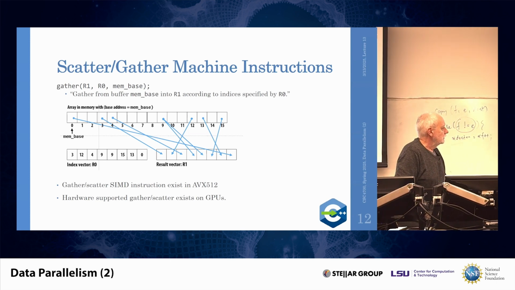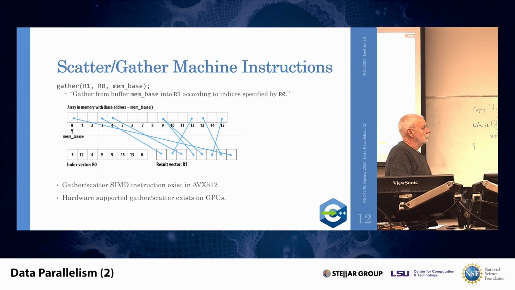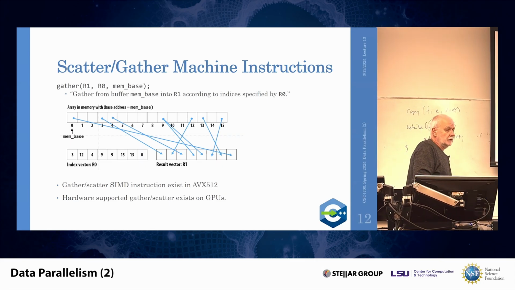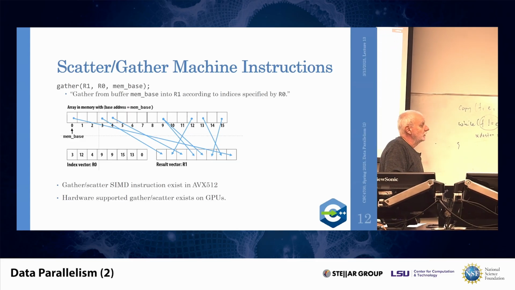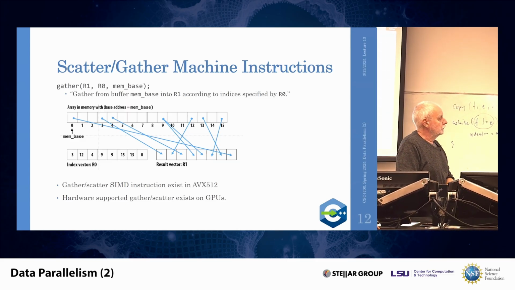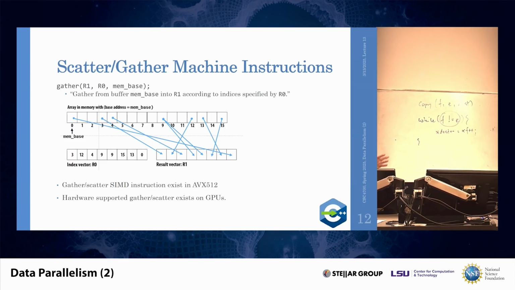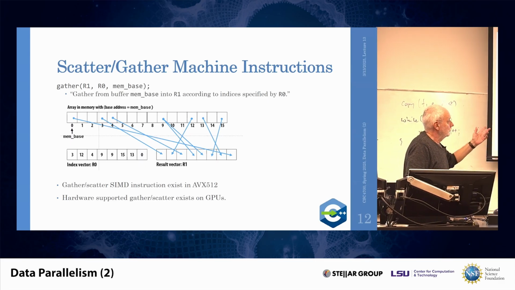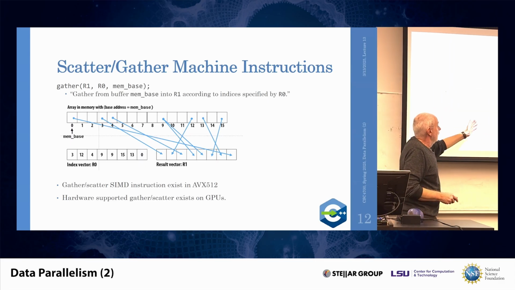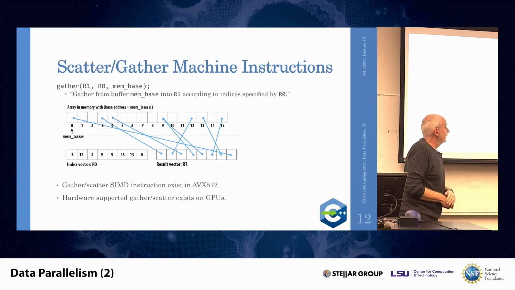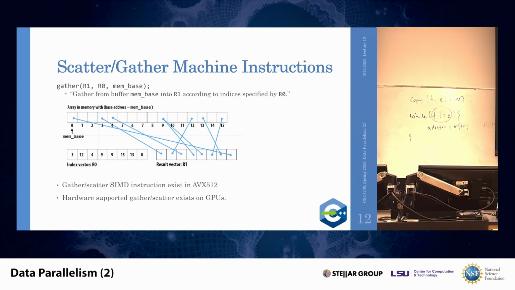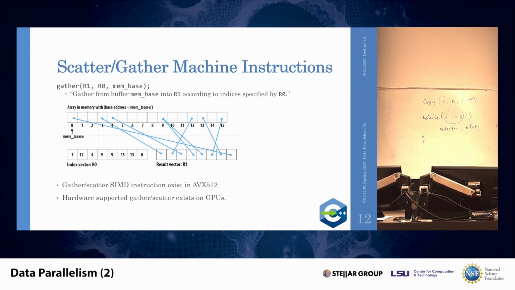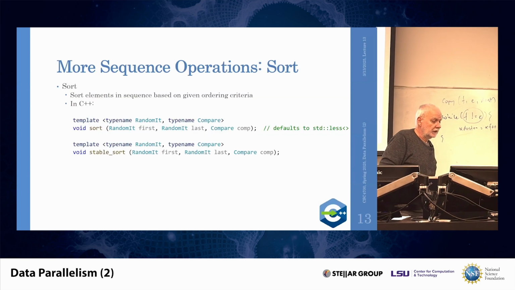AVX 512 has these gather and scatter SIMD instructions. GPUs have these operations implemented as well. So whenever you need that, you can rely on the hardware to perform these operations very efficiently, at least up to a certain size of the sequences, usually limited by the size of the registers we load things into or store things through. That's gather and scatter.